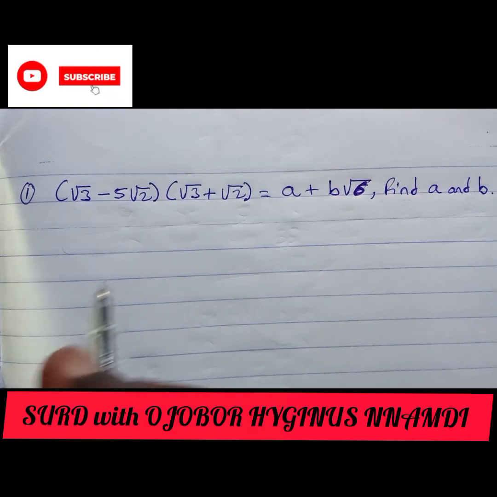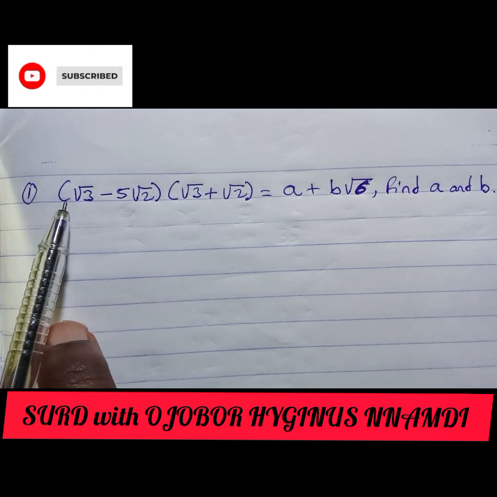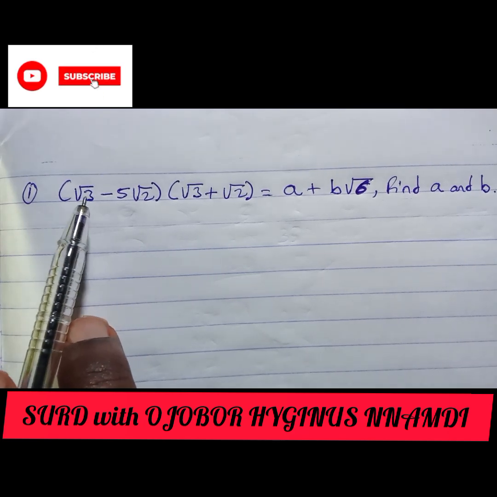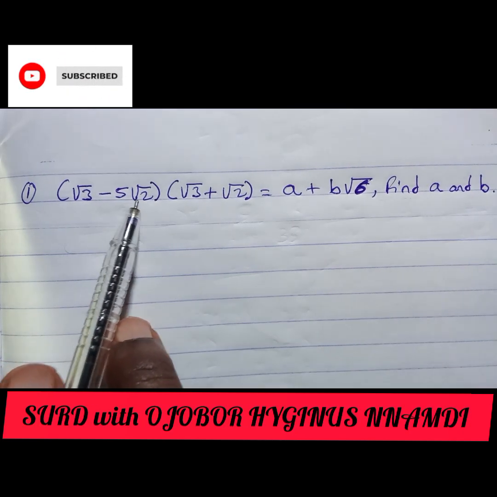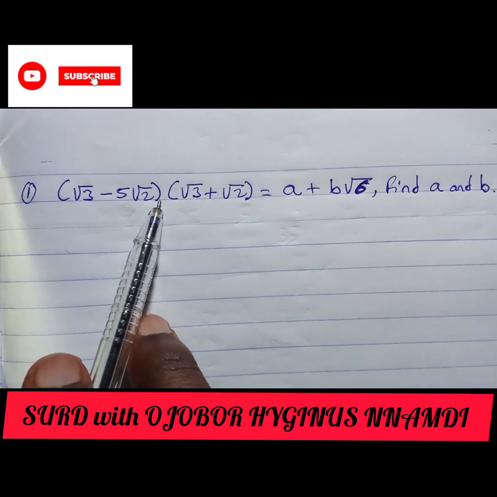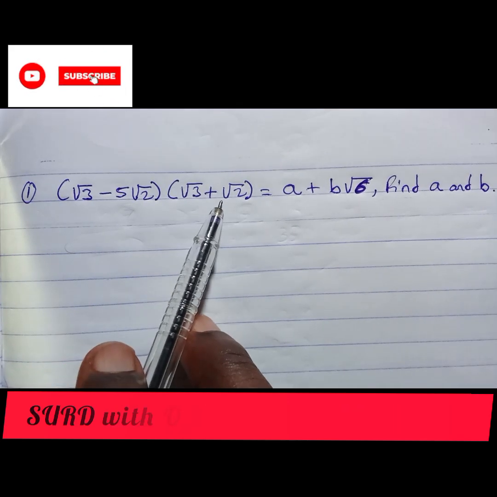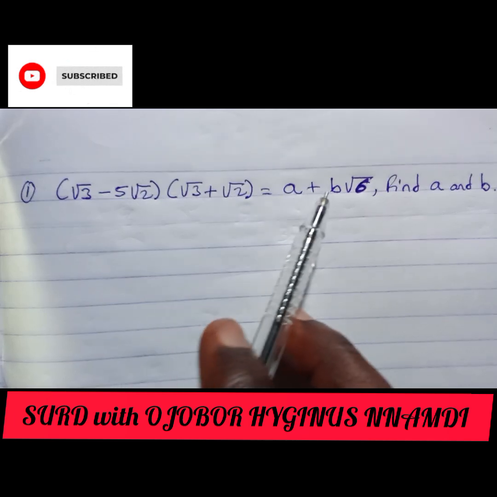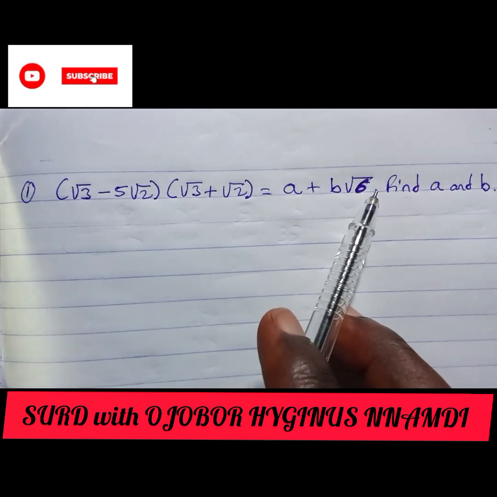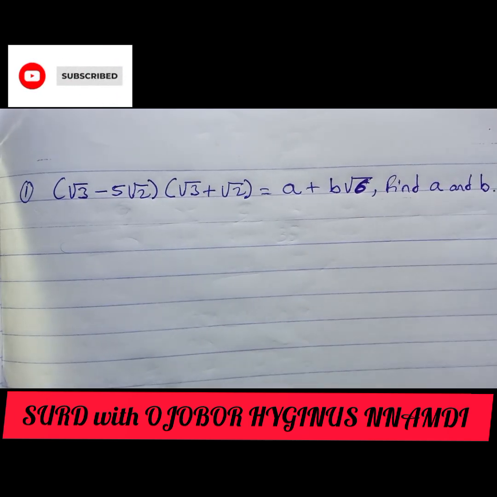Given in WAEC, we have this question. Given that (√3 − 5√2)(√3 + √2) is equal to a + b√6, find a and b.